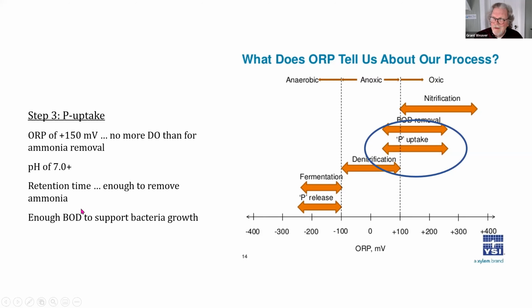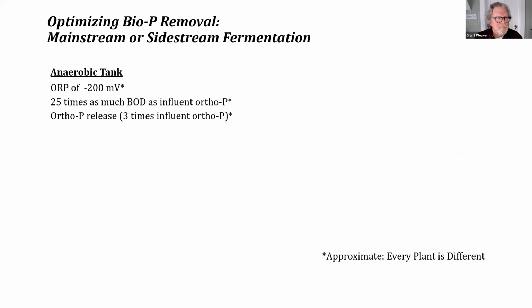And so that's one of the explanations why in many treatment plants, folks are seeing better phosphorus removal in the winter than in the summer. There's a lot of other reasons, but this is one in the toolbox, I guess, to look at.